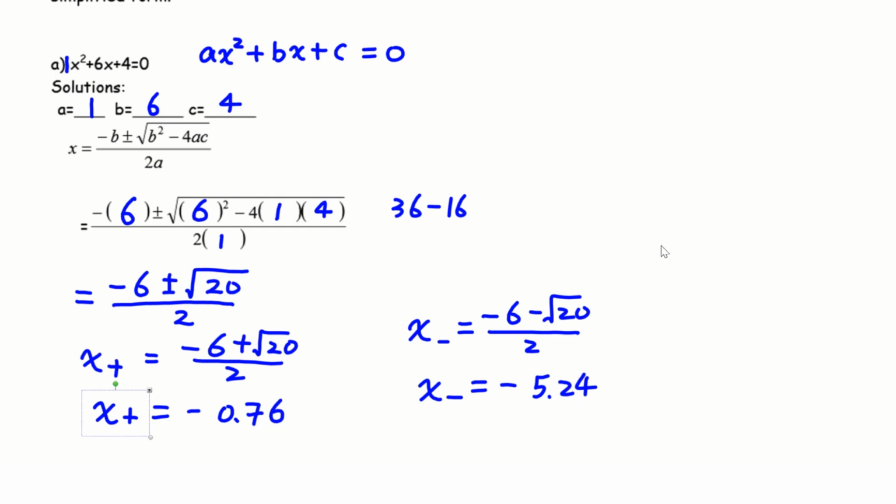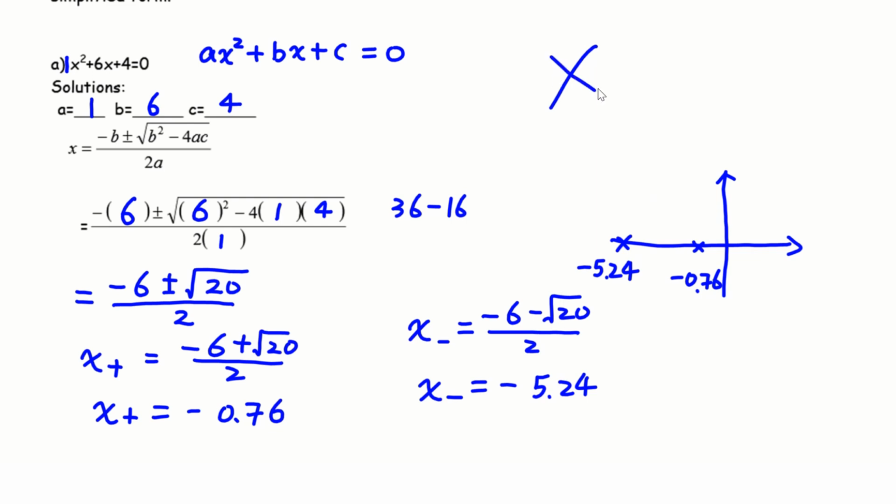And what this means is you have two x-intercepts. One is at negative 0.76, another one is at negative 5.24. Okay, so this is what we have done to use a quadratic formula to solve this equation. And for this equation, what multiplies together is 6 and adds together is 4?